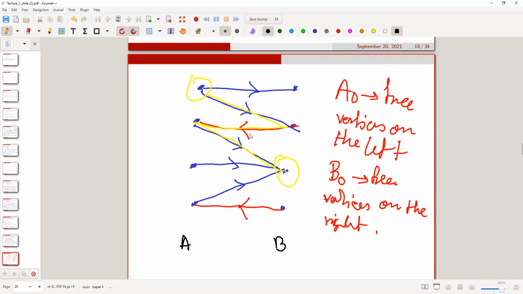So can you see why it is so that when there is no directed path from A0 to B0, there will not exist an augmenting path? I mean, is it clear to you why it is happening?